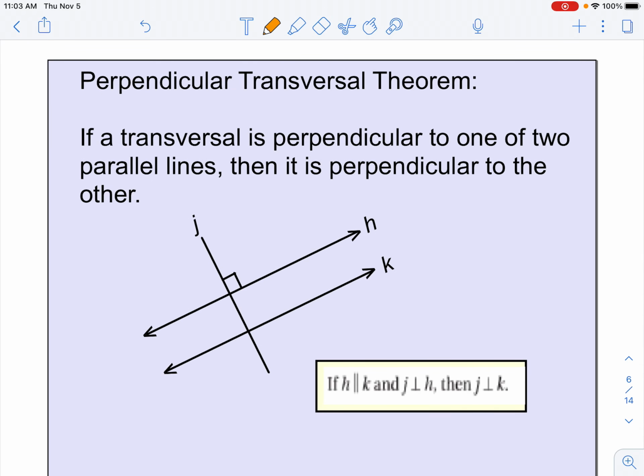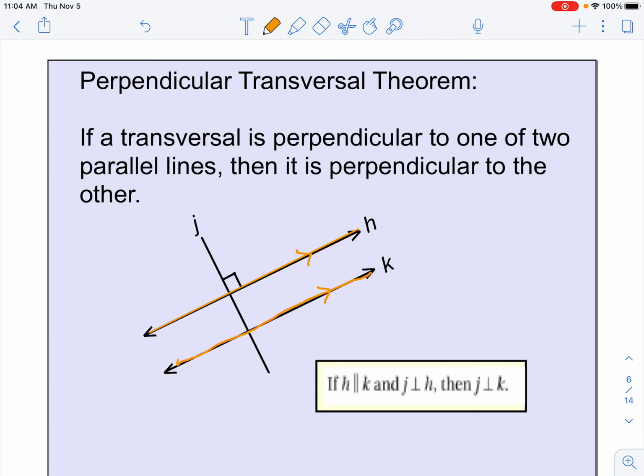The next one is if a transversal is perpendicular to one of two parallel lines, then it is perpendicular to the other. So we can see here that H right here is parallel to K. Actually, I did not mark that, so let's go ahead and mark that.